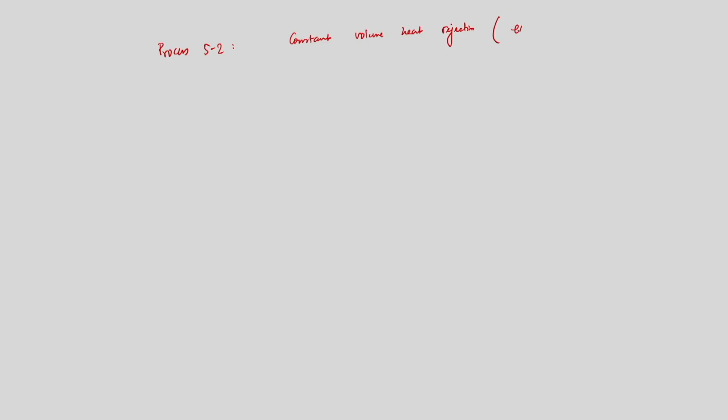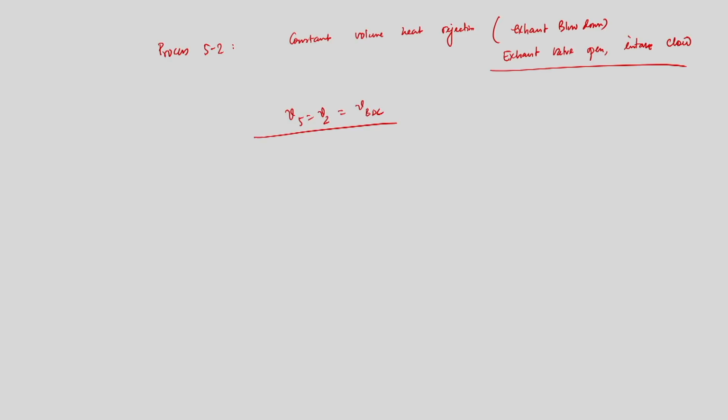So, this is basically exhaust blow down, exhaust valve open, intake close. So, this is the process. Now it is a constant volume process, so work done will be 0. So, V5 is equal to V2 is equal to VBDC, this is there.